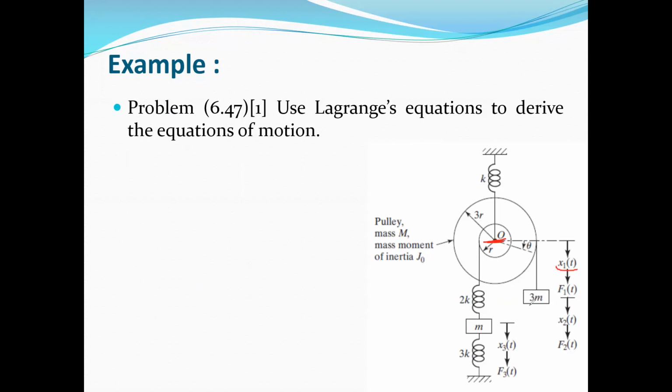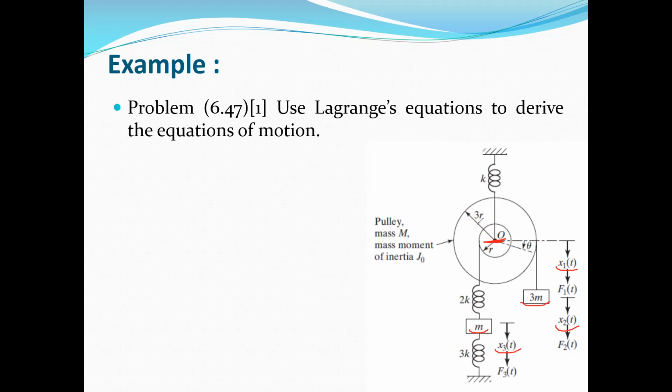We have a mass 3m which is rotating around this pulley, and we define a new degree of freedom x2 for this mass. We have another mass m here, which is moving in the vertical direction with a degree of freedom x3.